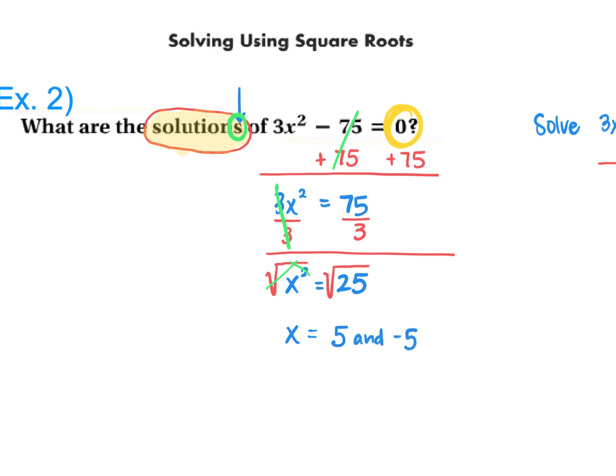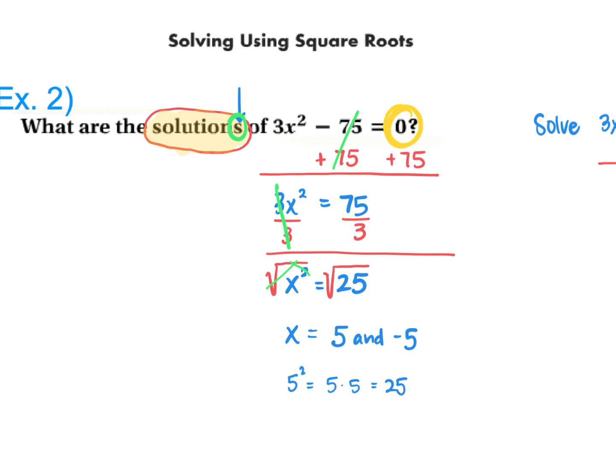Now, how do I know negative 5 is a solution? Well, because it does the same thing positive 5 does. If you take 5 and you square it, right? To square something, 5 squared means 5 times 5. And the answer is 25.